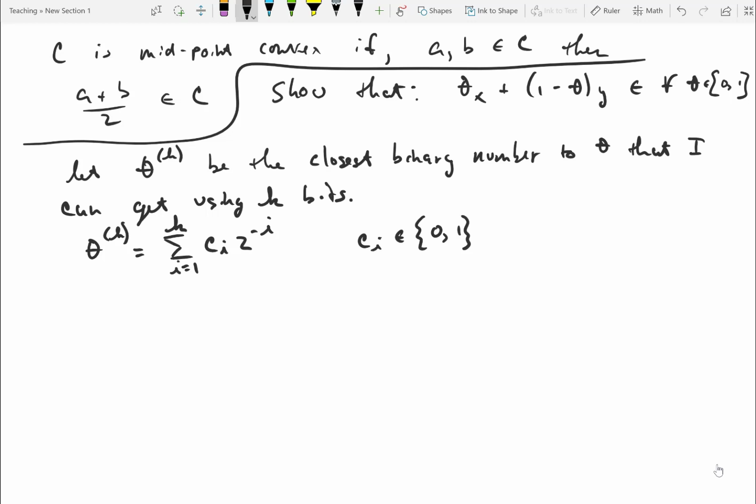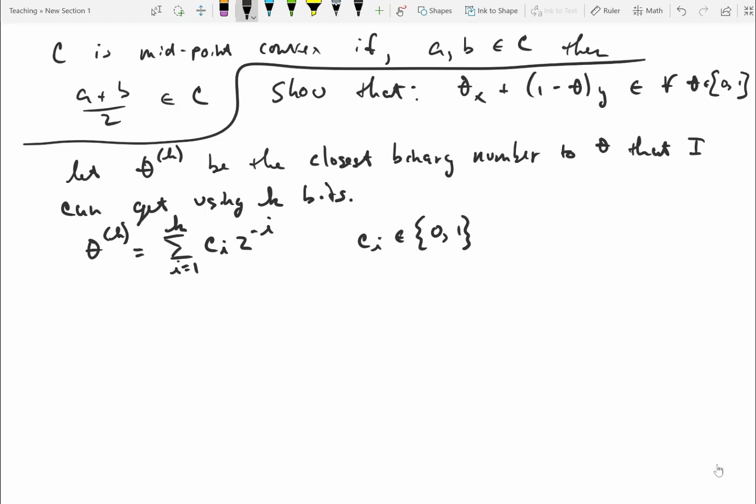It's either 0 or 1. So c is either 0 or 1, and then we have the other part of the expression, which is 2 to the negative power of i. These are all powers of 1/2, essentially. And the reason we're doing that is to deal with this 2 in the denominator here. What you should see as we go through the problem is that this 2 in the denominator becomes very much related to this expression here.